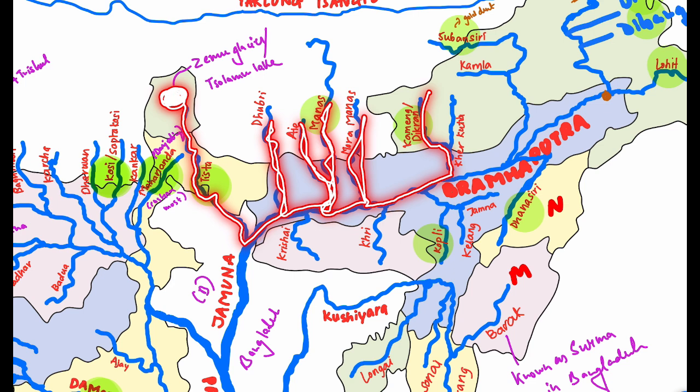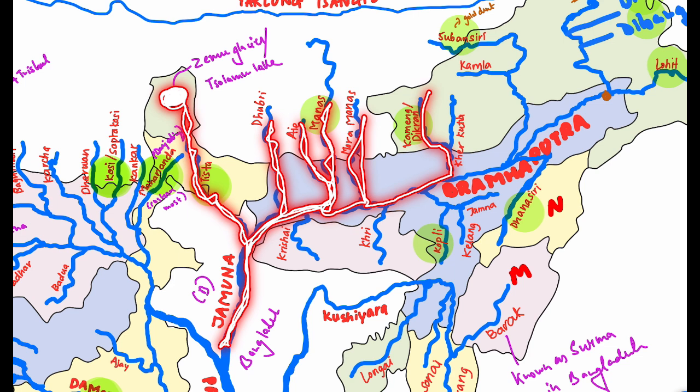Tista River flows through Sikkim, West Bengal, and then goes into Bangladesh. From here, it is known as Jamuna in Bangladesh. So Brahmaputra is known by the name Jamuna in Bangladesh.